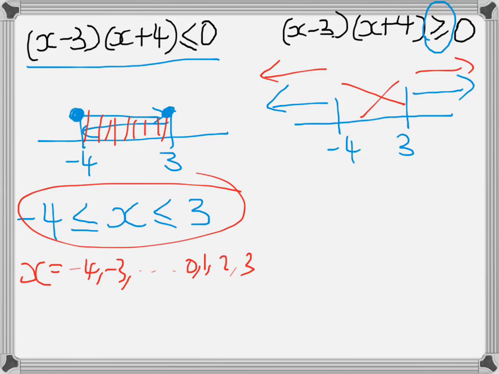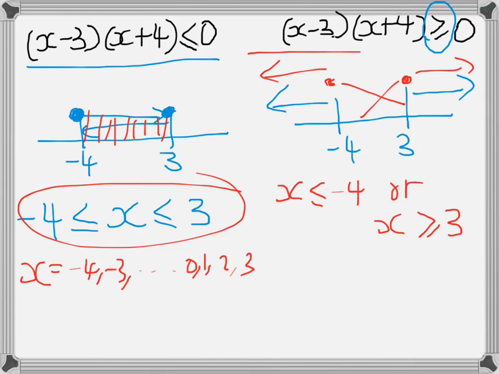So x will be smaller or equal to -4, or x will be bigger than or equal to 3. For x bigger than 3, you get 4, 5, 6, 7, 8, 9, 10 until infinity. Both also include equal, because these are full dots. So x smaller or equal to -4 can be -5, -6, -7 until infinity.